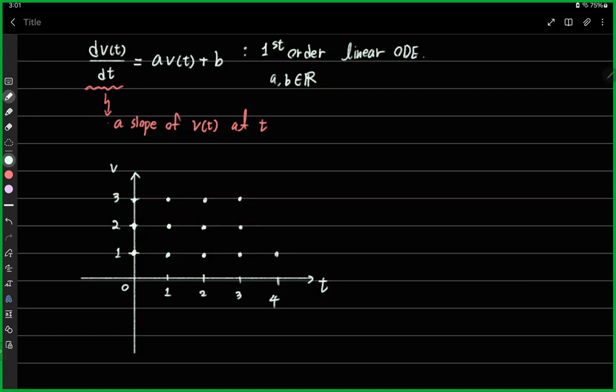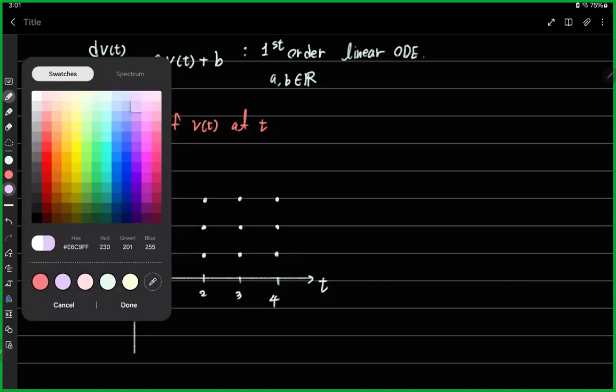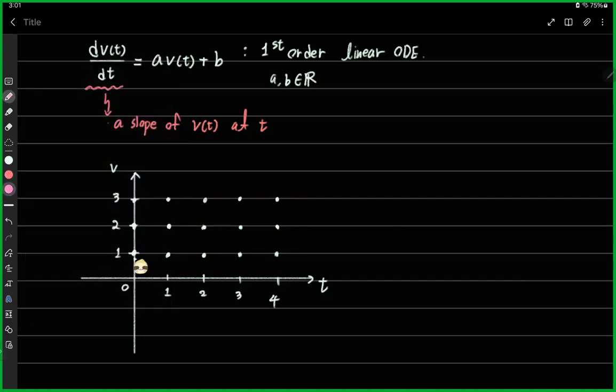So when v equals 1 at t equals 0, then dv/dt is going to be a times v plus b. I need to set a and b, so let me put an example specifically. dv/dt is simply 2 minus v.